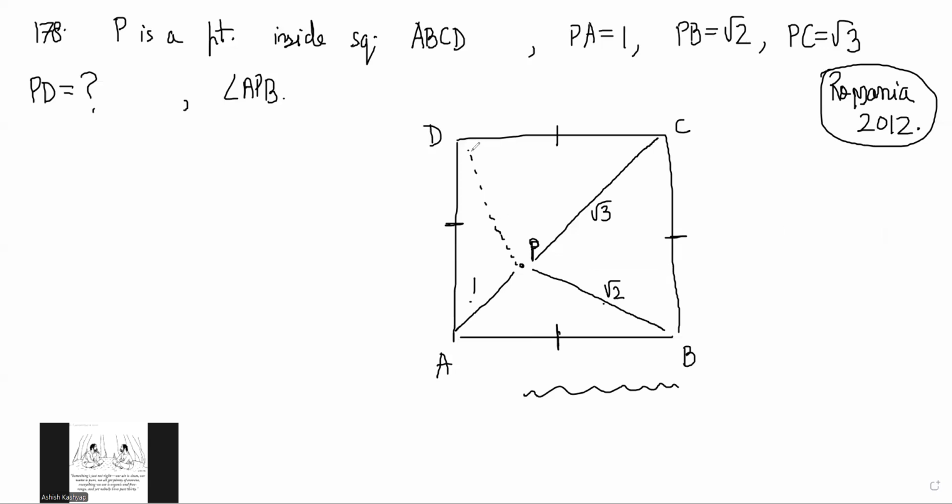Let's join the other diagonal BD. AC is one diagonal and BD is one diagonal. B doesn't have to be on AC and all.